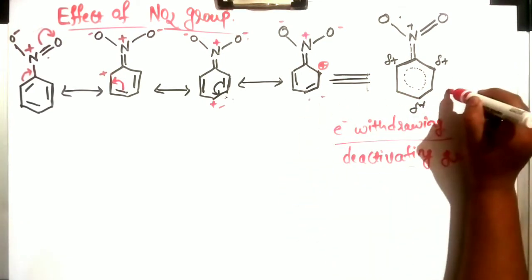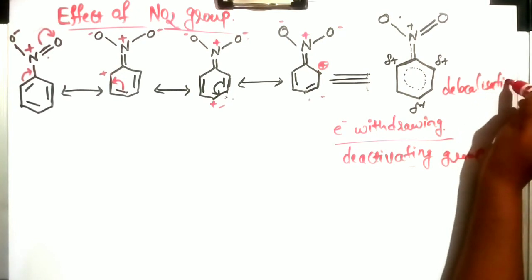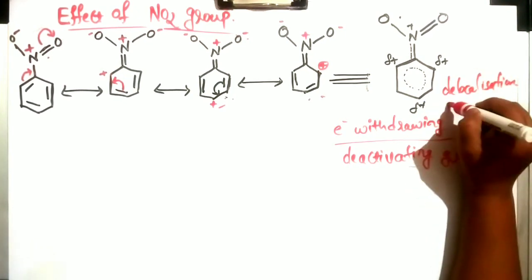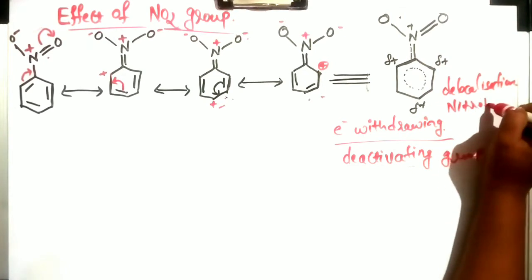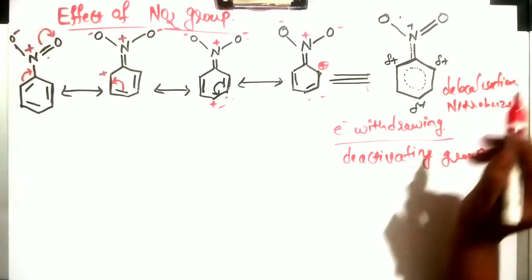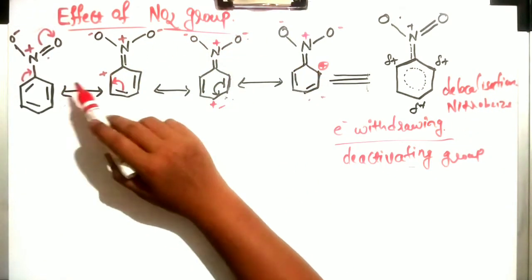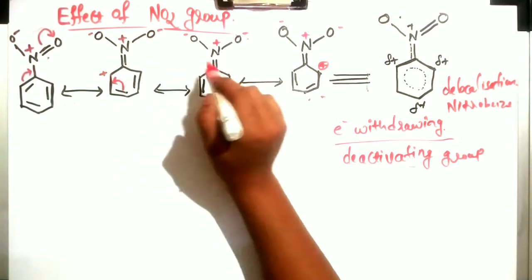So this is the delocalization structure of the nitrobenzene. So this is how we can see how nitrobenzene is represented in the resonance structures.